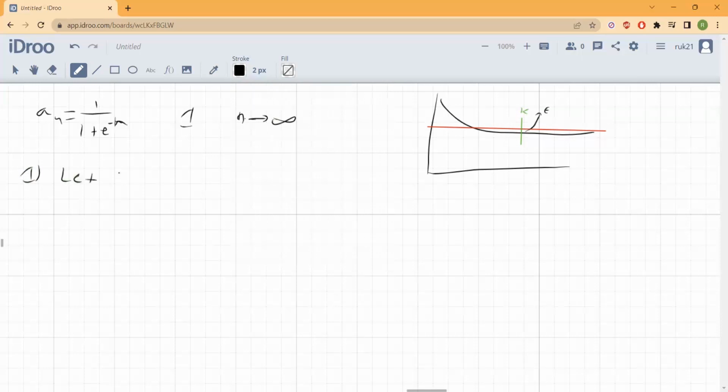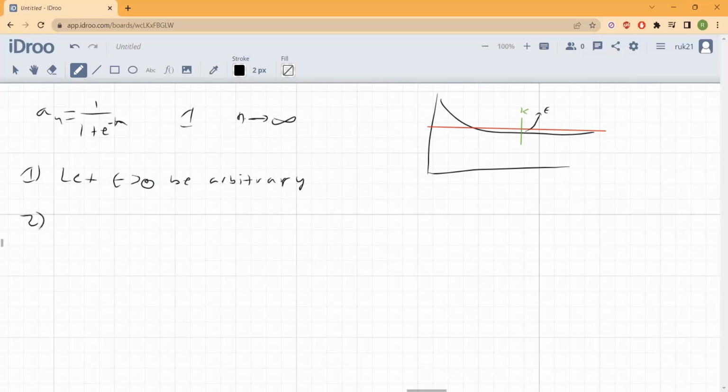Let epsilon greater than 0 be arbitrary.